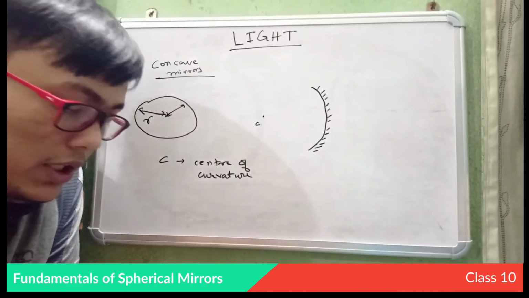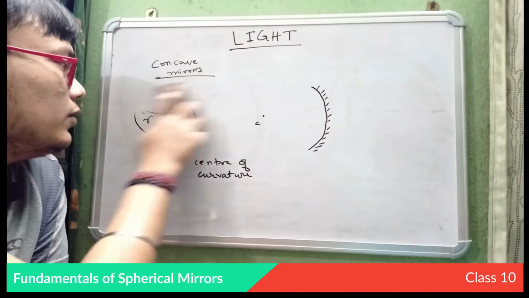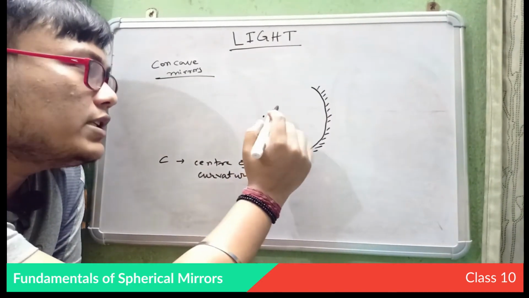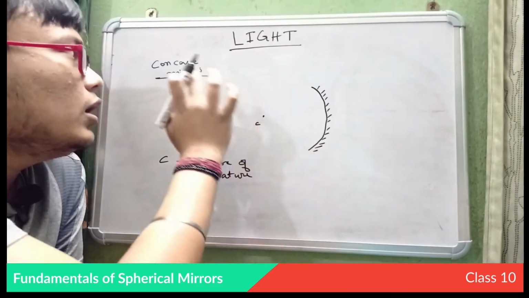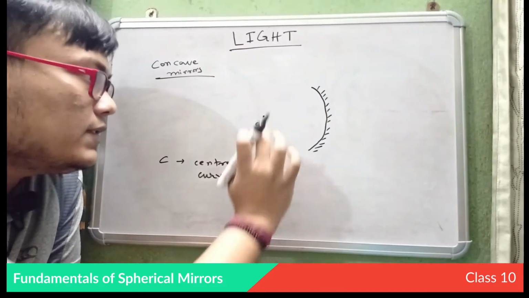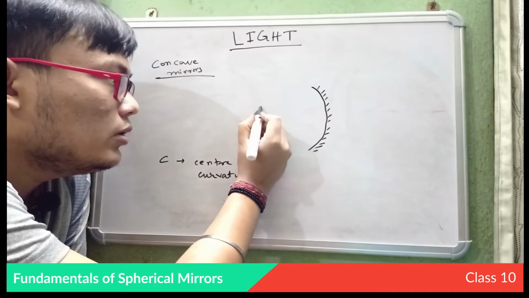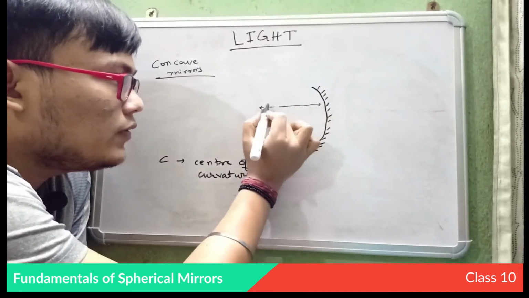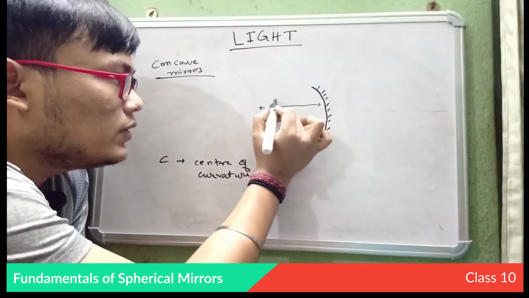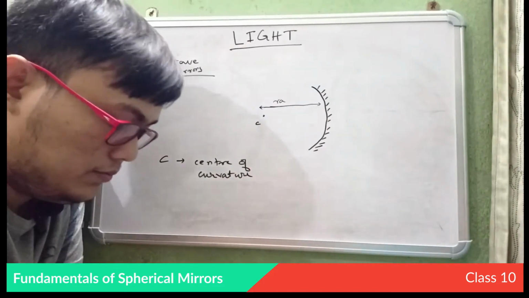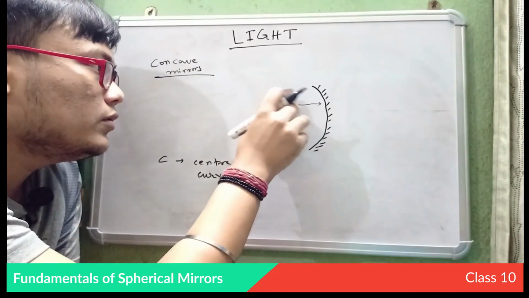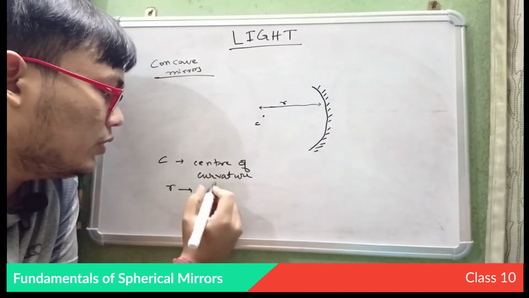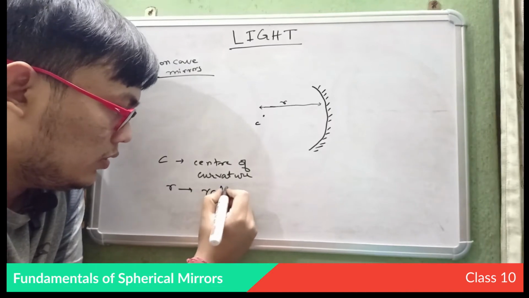Similarly, the distance between the center of curvature and any point on the concave mirror is known as the radius of curvature. This is denoted by R. So R is the radius of the mirror.